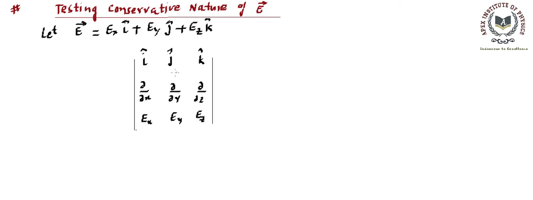We call this a determinant, and if this determinant's value comes out to be 0, then we will claim the expression that has been given is conservative, and if it is conservative, then it can represent an electric field.